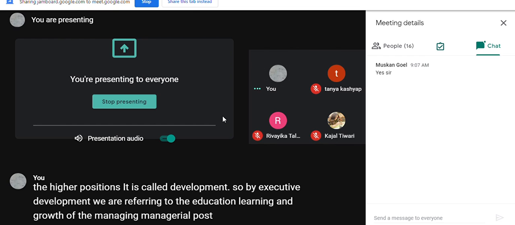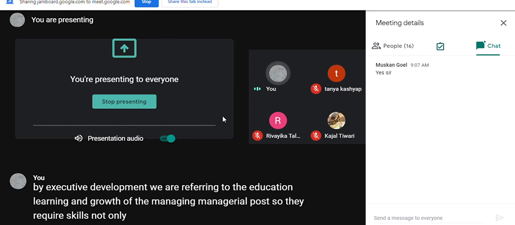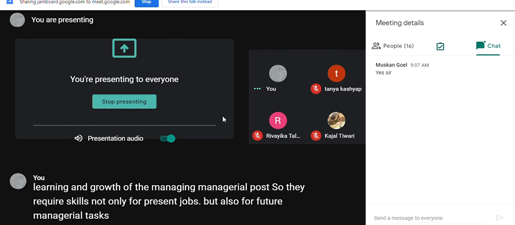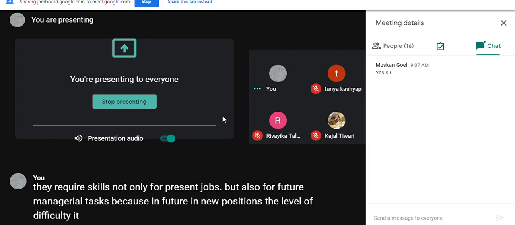They require skills not only for present jobs but also for future managerial tasks, because in future, in new positions, the level of difficulty increases, the scope of the job increases.